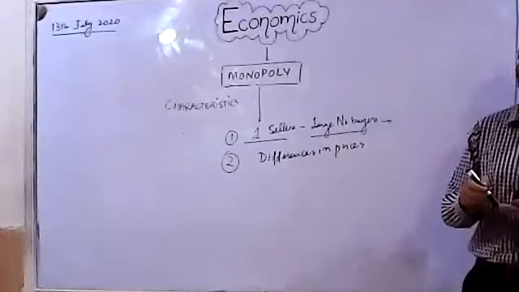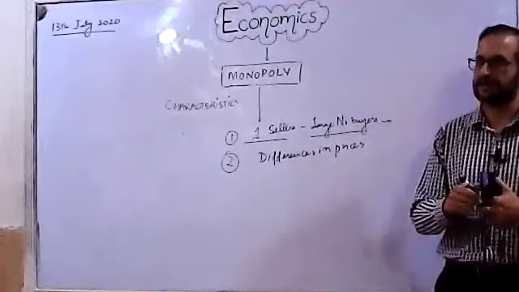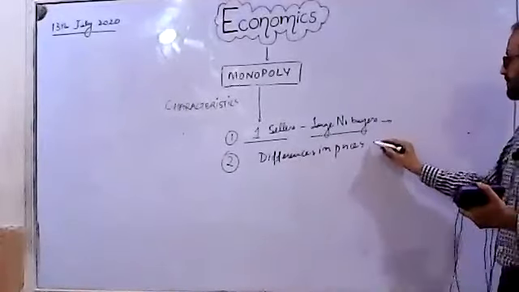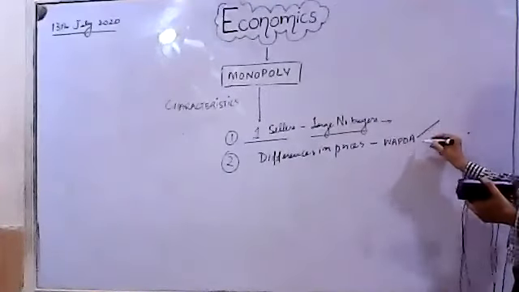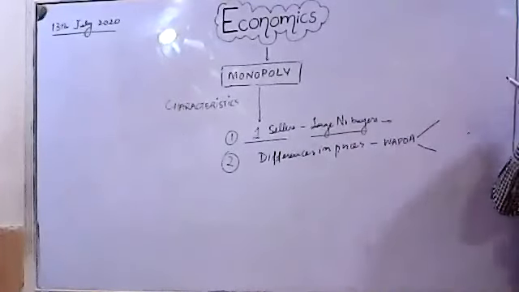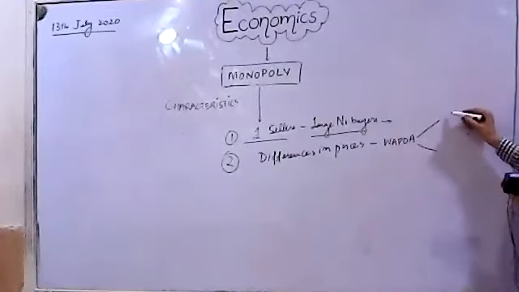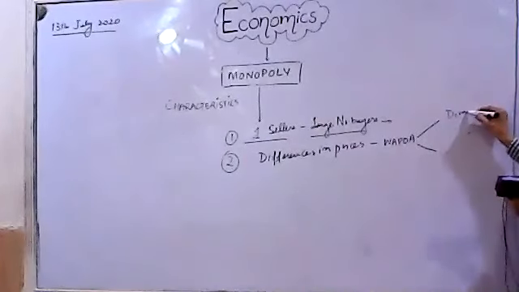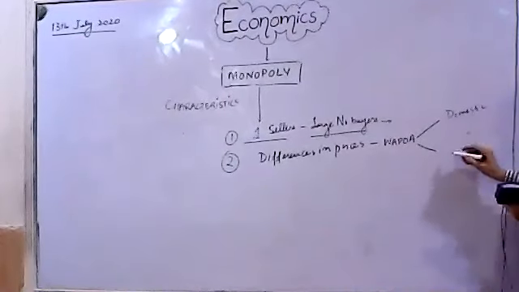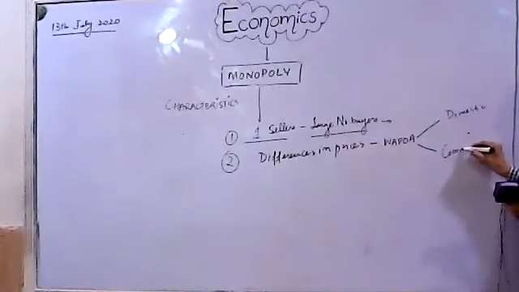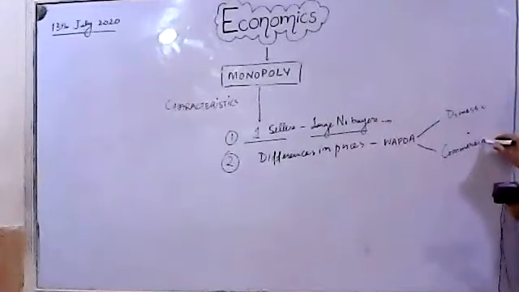And this actually happens in real life too. Let's take the example of WAPDA. WAPDA is a monopolist, but it has two ways to charge prices: one is known as the domestic price, and the other is the commercial price.